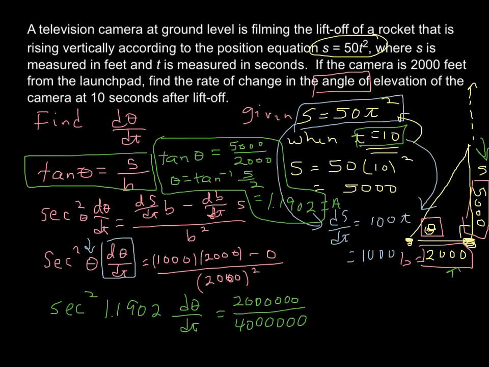So then you want to solve it for d theta dt equals 1/2 divided by secant squared of, and for room's sake I'm going to write that as A since that's what I had assigned it. And when you calculate that out with your calculator, you get 0.0689.